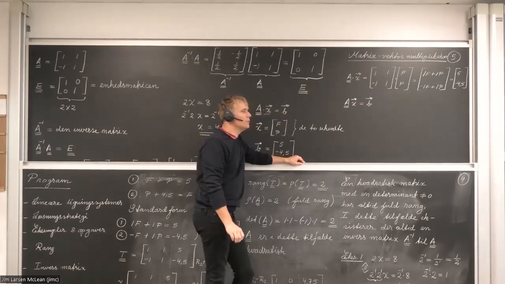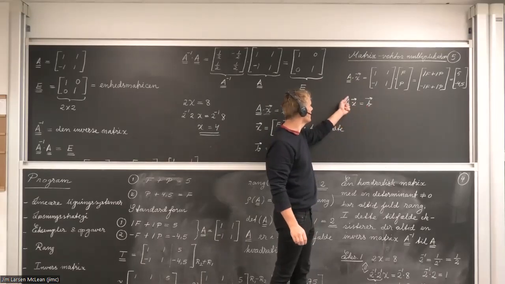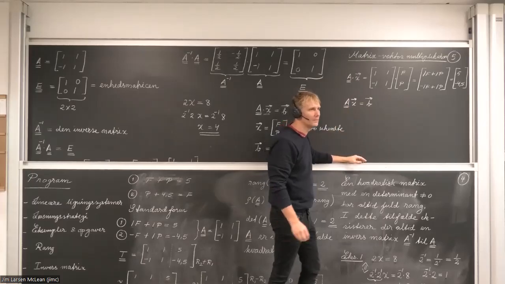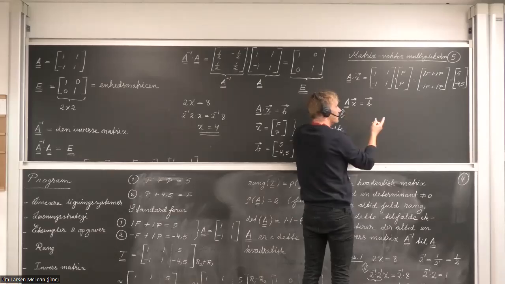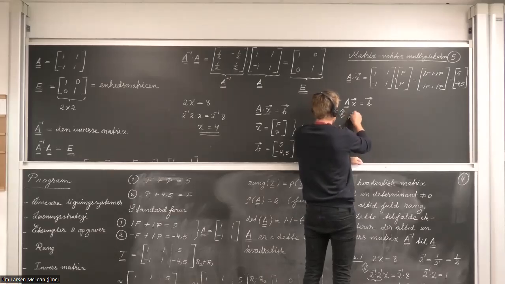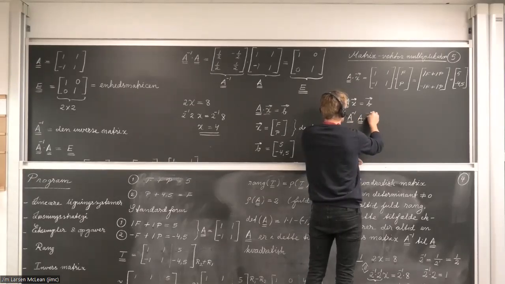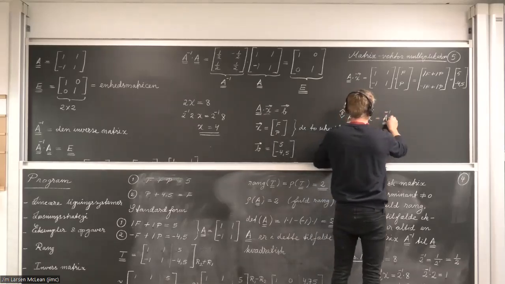Now I'd like to solve it. And how do I solve this system of equations? Well, I transform it into a 1. And how do I do that? I multiply by A to the power of negative 1. So I multiply from the left side by A inverse to get A inverse times A times the x vector, which must give A to the power of minus 1 times the b vector.